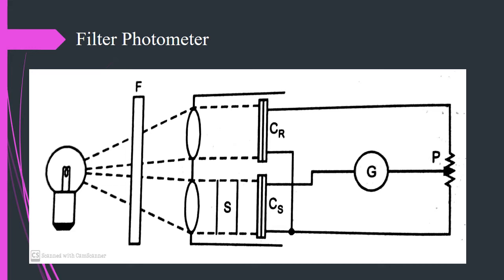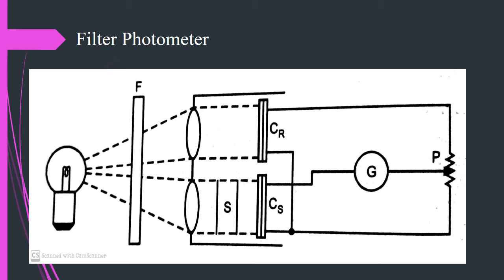Without the sample, the output from the photoelectric cells will be the same. So, when the sample is placed in the light path, the output of the sample cell is reduced and hence the potentiometer is adjusted so that both cells CR and CS give the same output without any deflection in the galvanometer G. Hence, the potentiometer is calibrated in terms of transmittance.